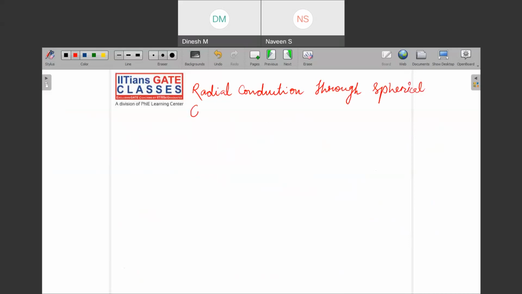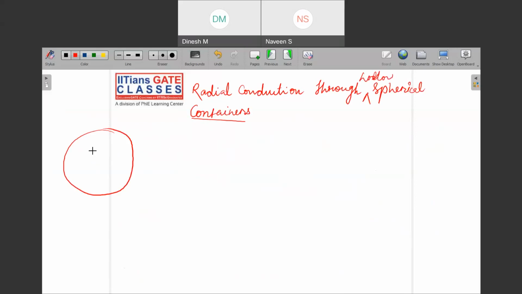Spherical containers. Then what happens in the case of spheres? It is something like this, and I am trying to study hollow spherical containers, more particularly hollow.